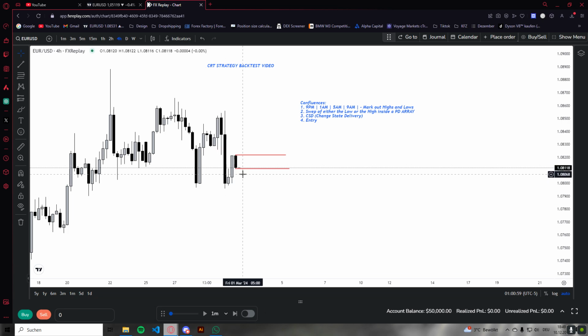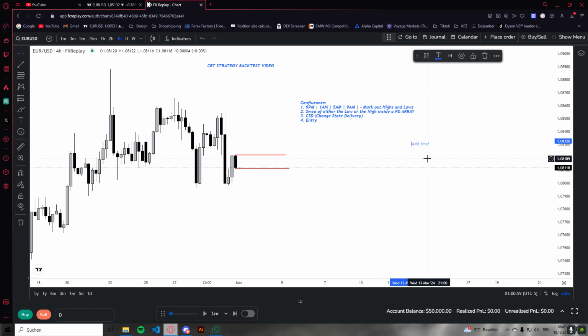So which PD array is here? For me, there are a lot of PD arrays like order blocks or rejection blocks, or mitigation blocks. It depends. There are so many PD arrays, rejection blocks and breaker blocks and stuff like that.